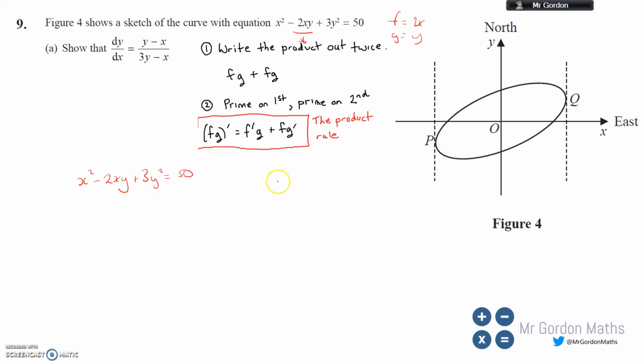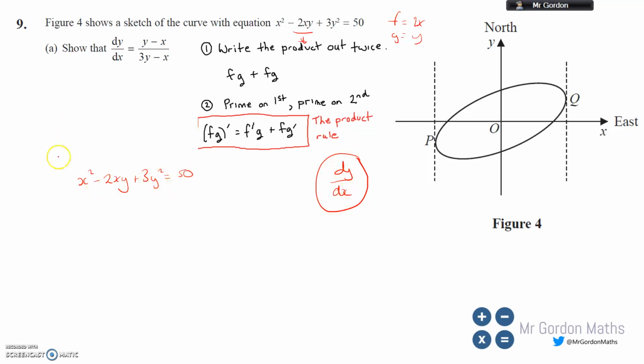I'm going to use implicit differentiation, which just means whenever I differentiate a y term, I'm going to write dy by dx next to it. That's how we get round it when you've got x's and y's in the equation. We kind of always do this really, but some of you may not be aware of that.